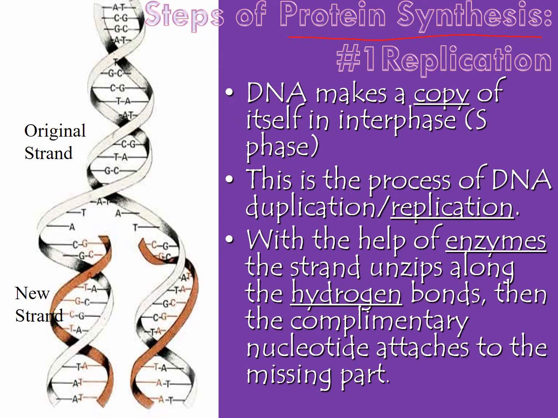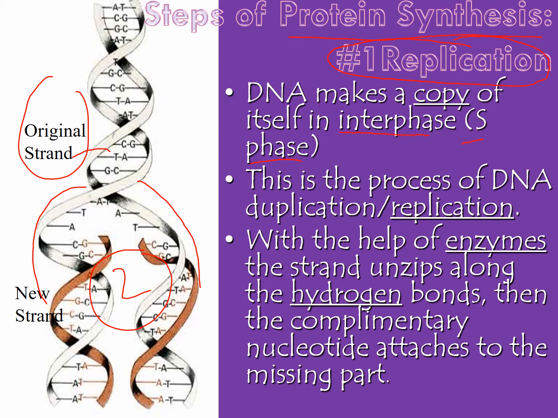The process is that we have an original strand of DNA that will split and make two strands of DNA. The first one is replication. Remember, in mitosis and meiosis, replication takes place in interphase, in the S phase. So DNA makes a copy of itself in interphase in the S phase.